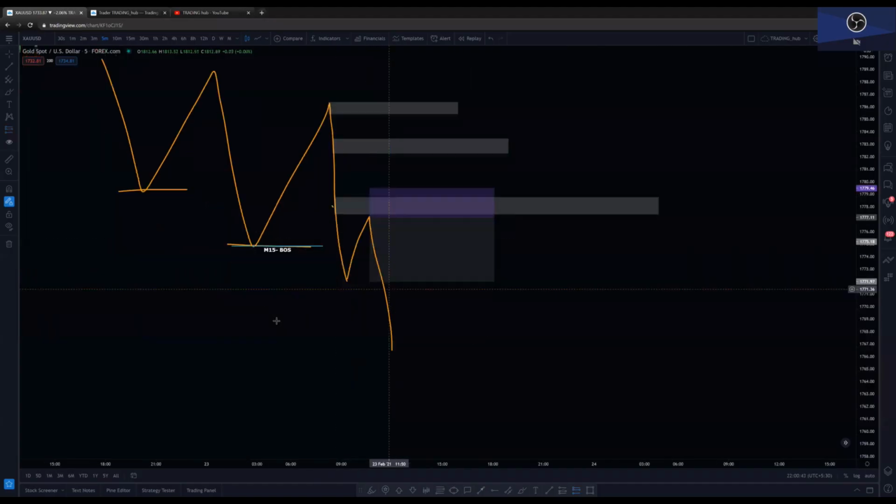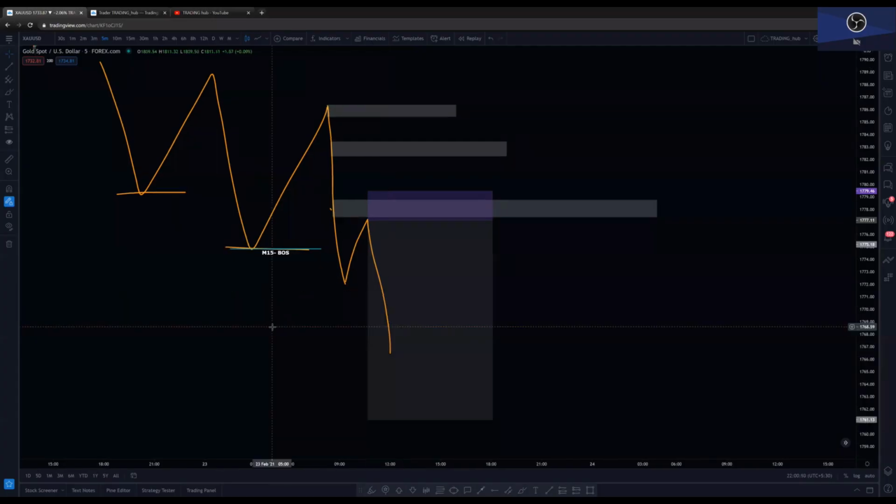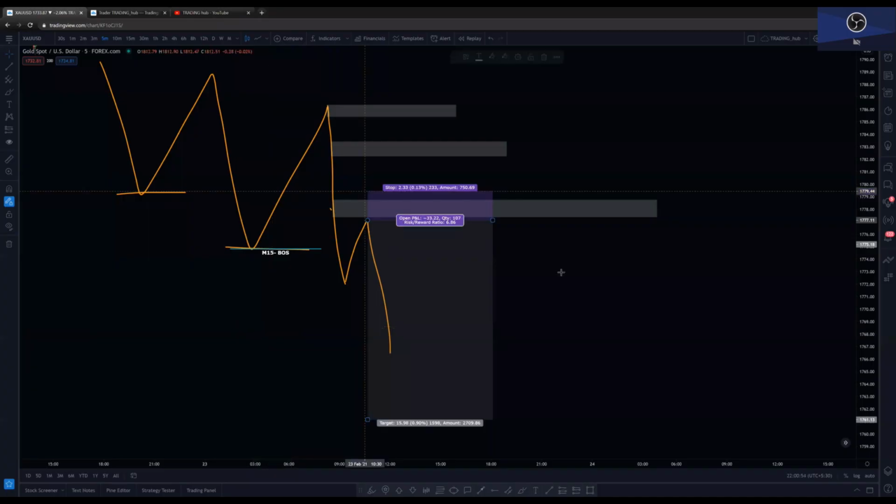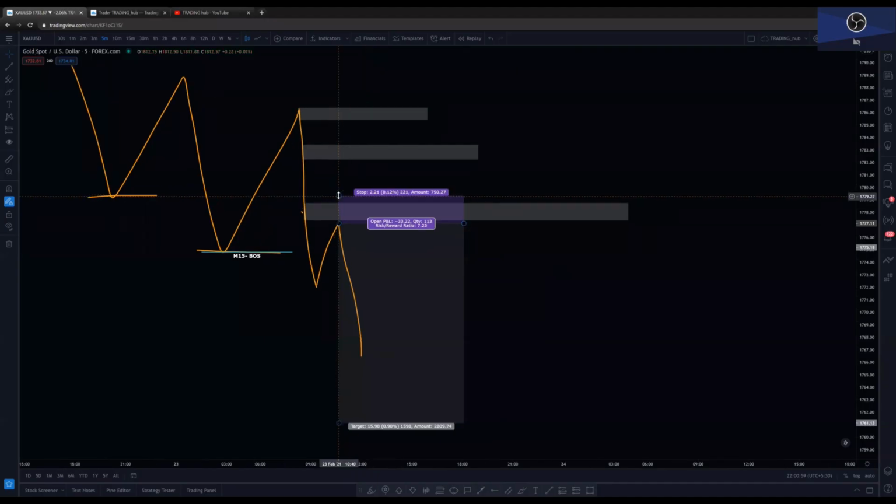There are two types of entry: a risk entry and a second entry, which you can say is a little bit risk free, with additional confirmation that I'm showing you. The first entry will be here, and this will be a completely risk entry because you are taking it as per the 15-minute order block. The second thing is there are more order blocks above this order block.